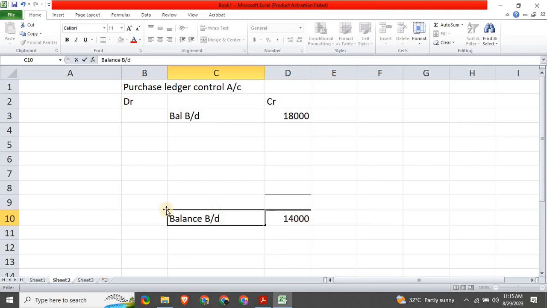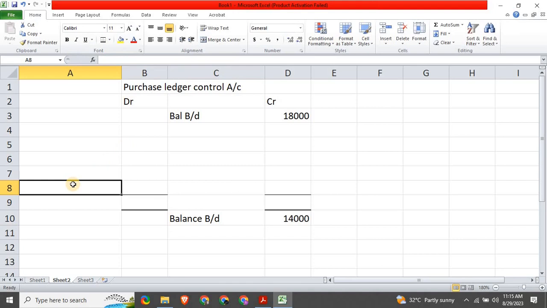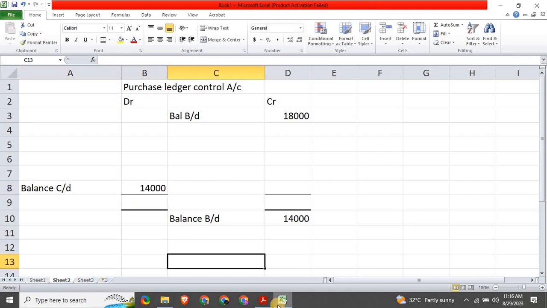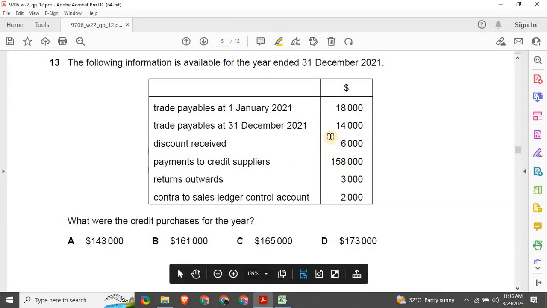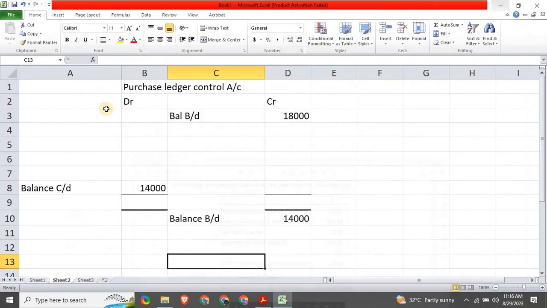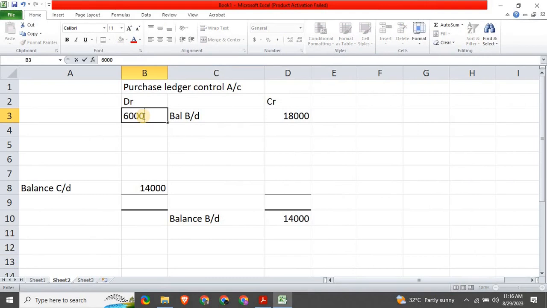If the balance BD is out here, then the balance CD will appear above the total on the other side, which is 14,000 out here. And now remaining, we just need to fill up the information. It says discount received is 6,000. When you receive discount, your trade payable amount will decrease.